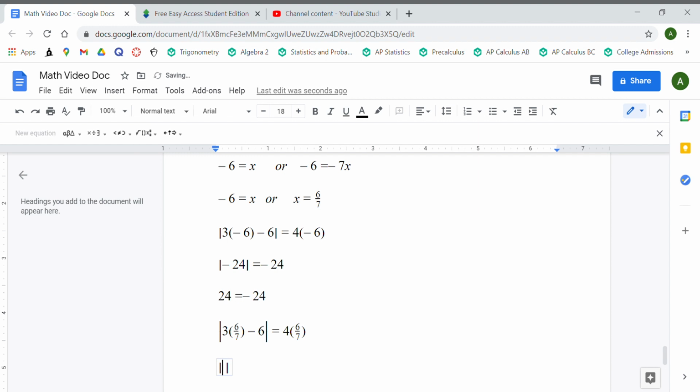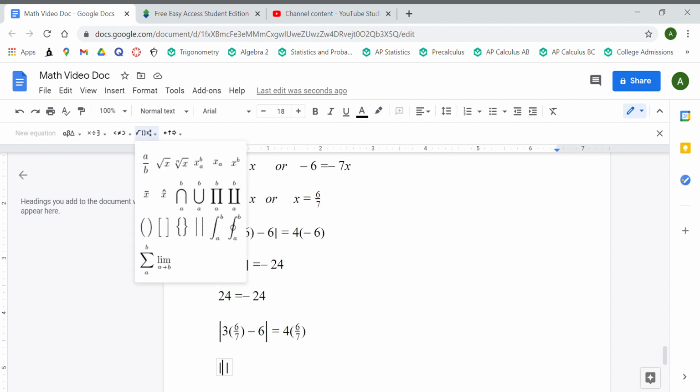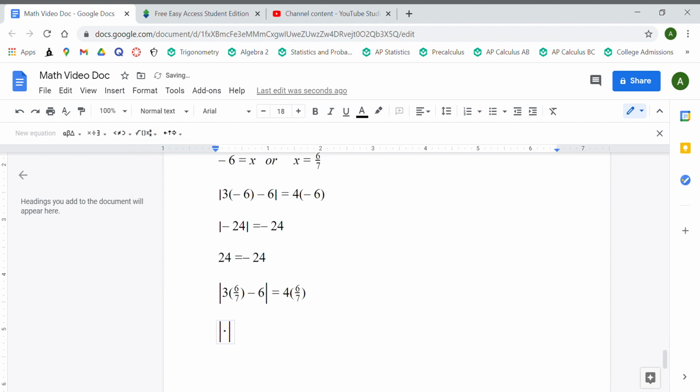So, 3 times 6 equals 18. We're going to divide that by 7. And then it should be 18 over 7 minus, I'm going to convert this into an improper fraction here, so it's 6 times 7, which is 42 over 7, and then 24 over 7 will be this answer here.